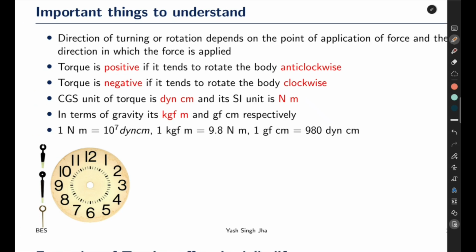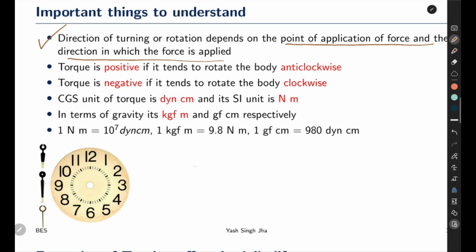What do I mean by direction of turning or rotation? On applying the turning force, in which direction does the body turn or rotate? It depends upon the point of application of force and the direction in which the force is applied.